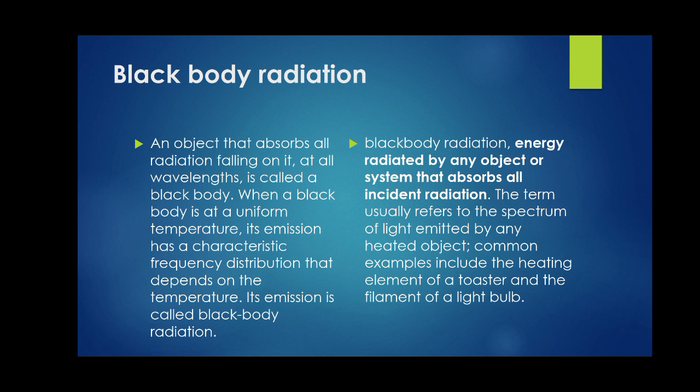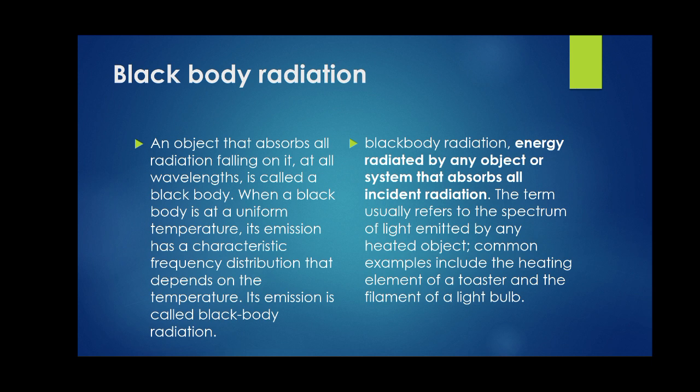The term usually refers to the spectrum of light emitted by any heated object. So all heated objects are emitting radiation, and all the radiation will be absorbed by the black body material, which is called a black body.